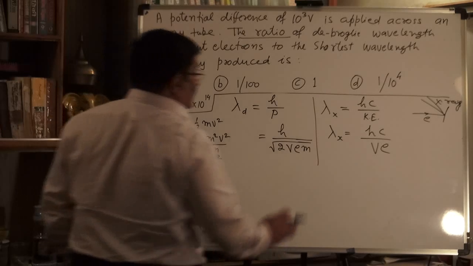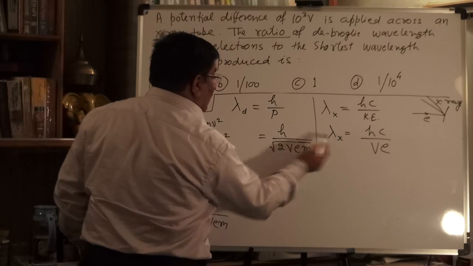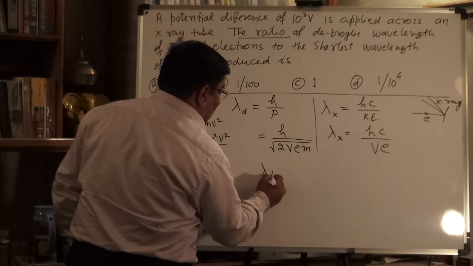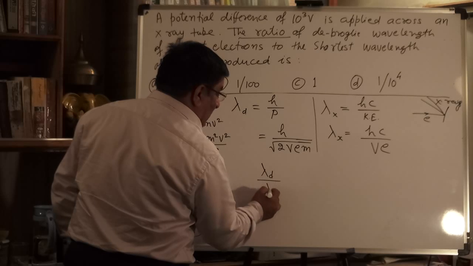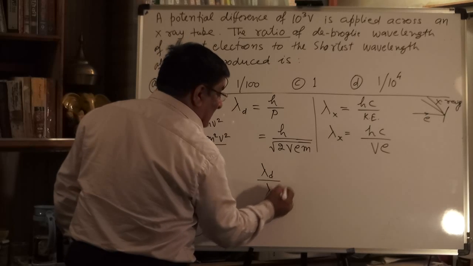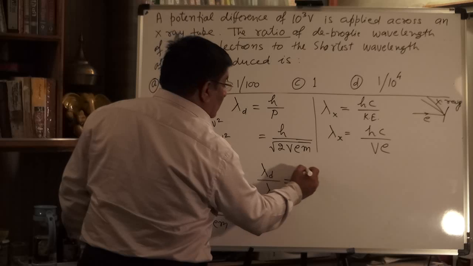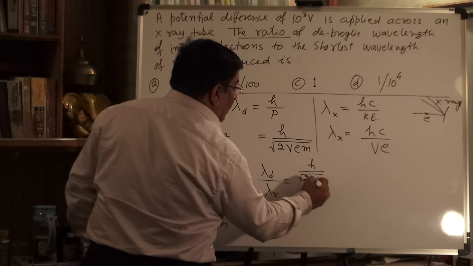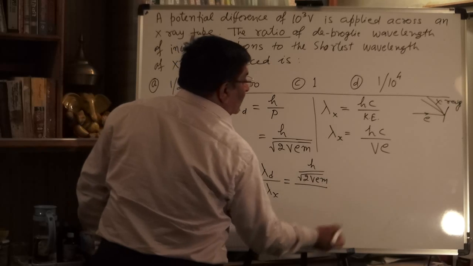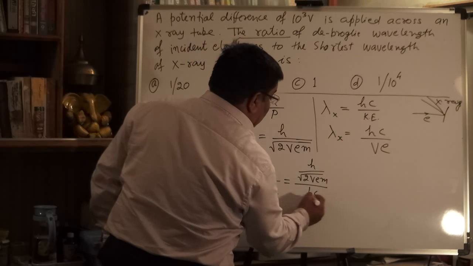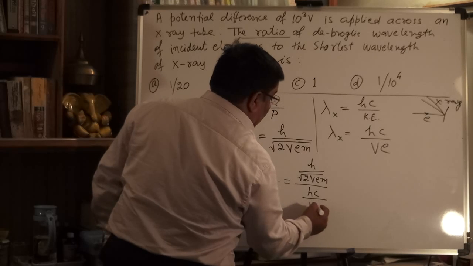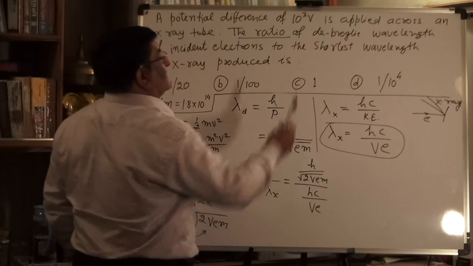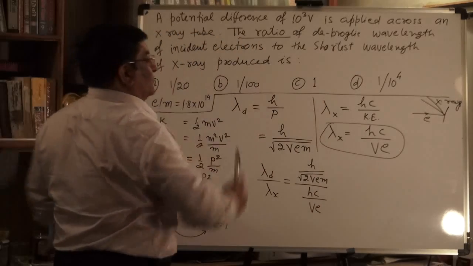If we compare the two, lambda de Broglie upon lambda X-rays is equal to h upon root 2 V e m upon hc upon V e. This is our formula for the shortest wavelength of X-ray produced.